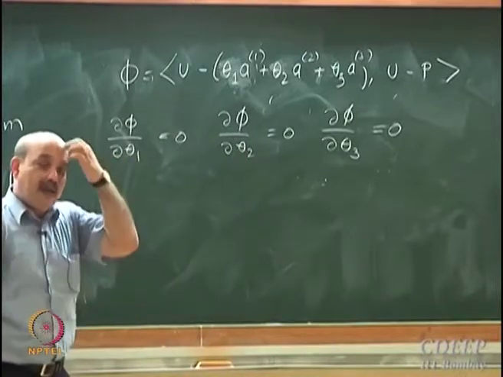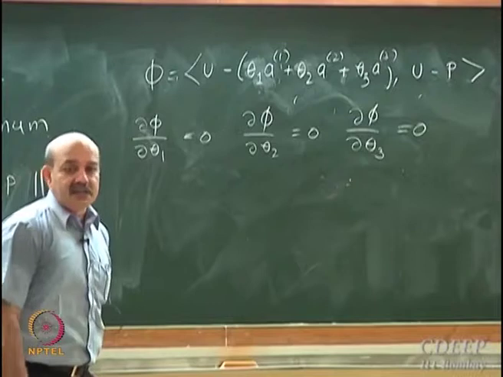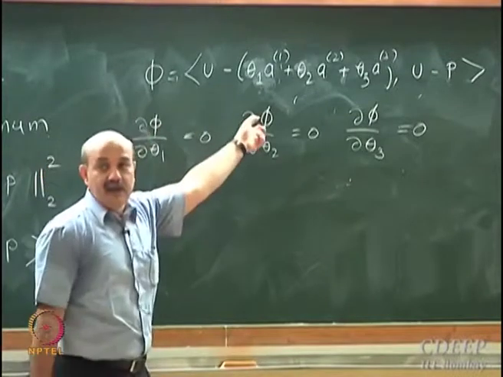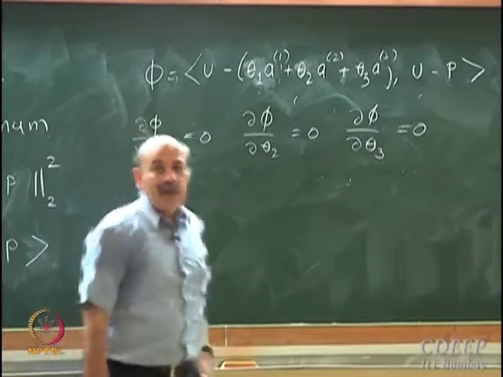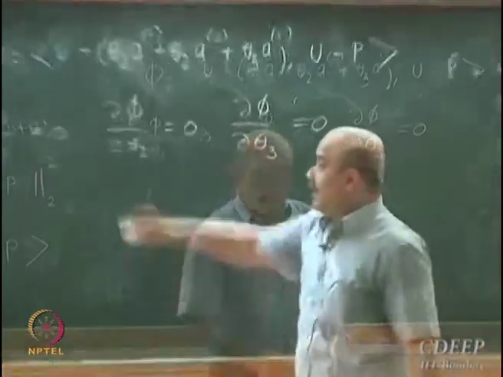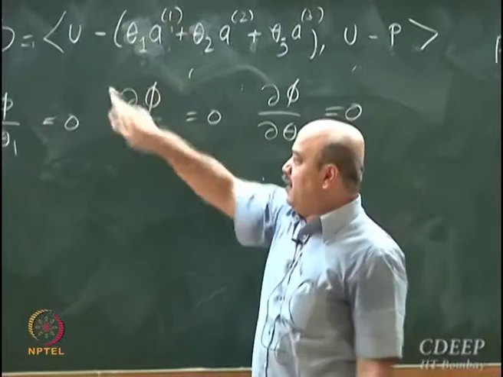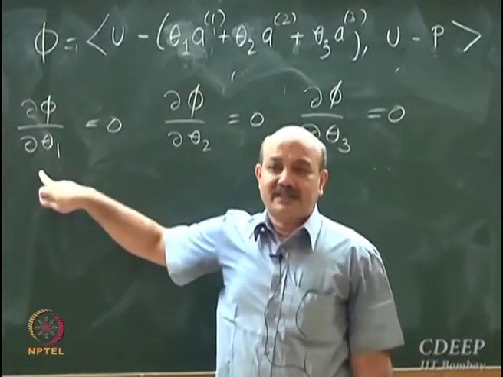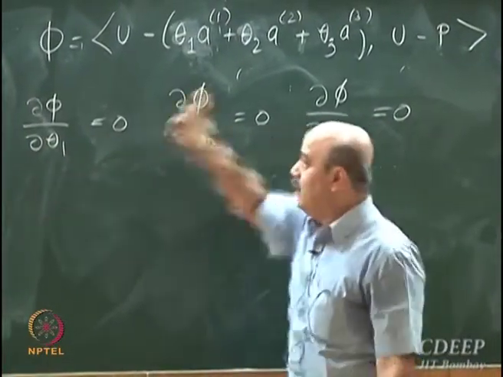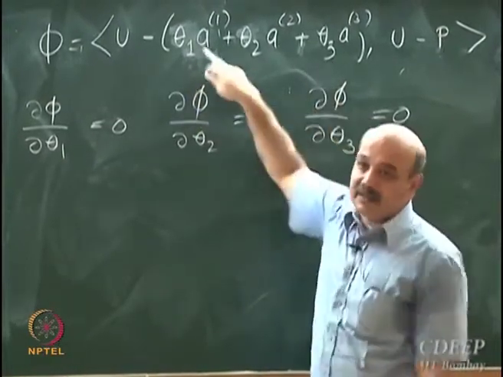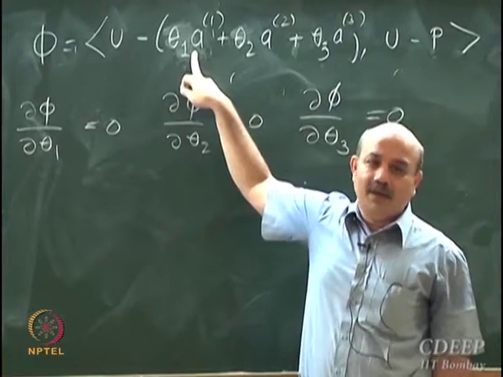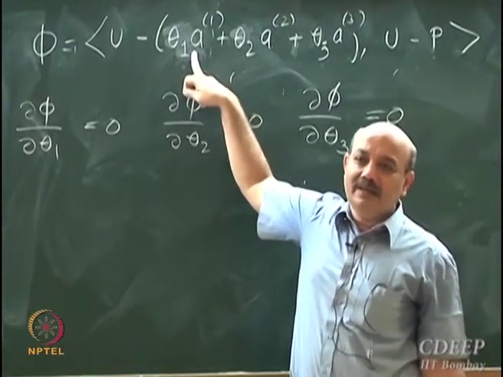If I differentiate this phi with respect to theta, what will I get? Just look at it. You are differentiating only once. If I differentiate only the first vector, only A will remain.